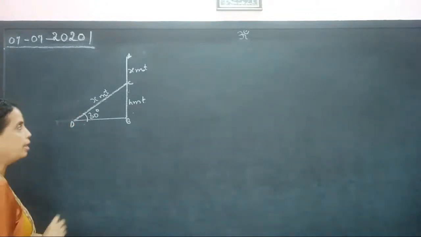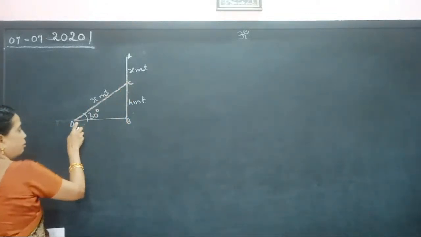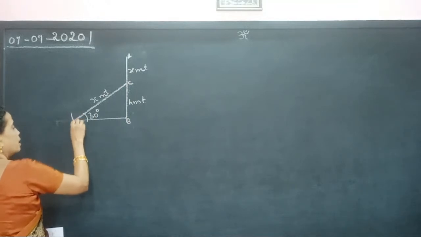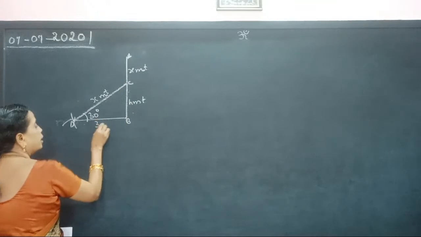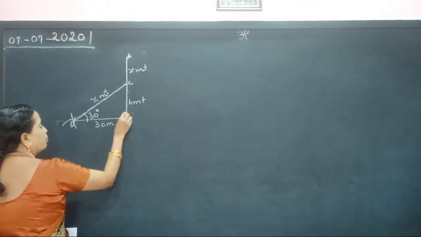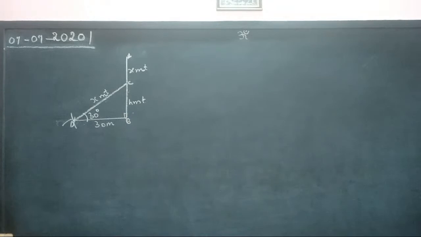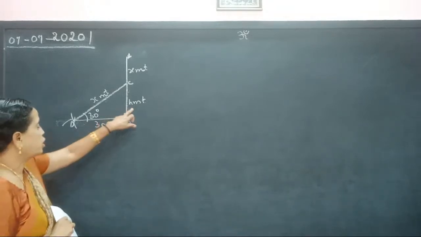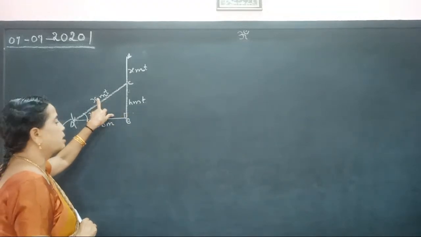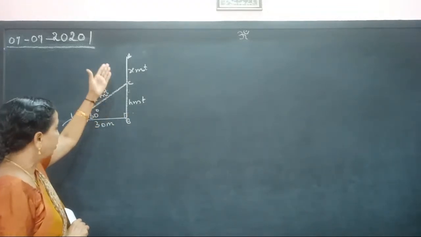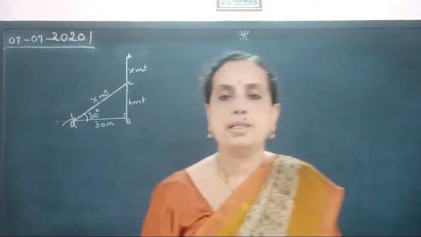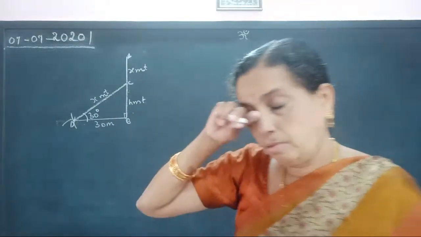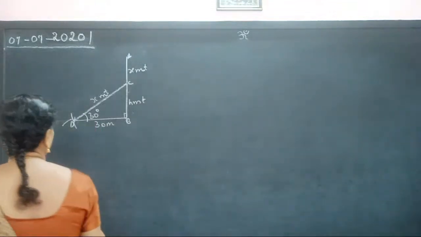This is 30 meters from the root. Suppose if you get h, then you have to calculate x, and the total height of the tree will be x plus h. Clear?